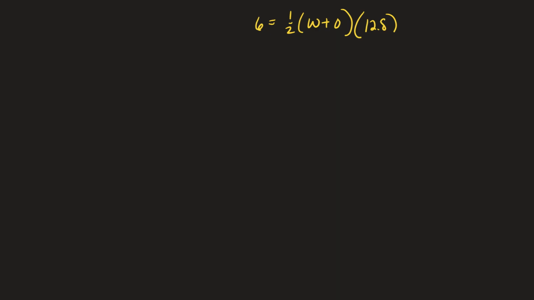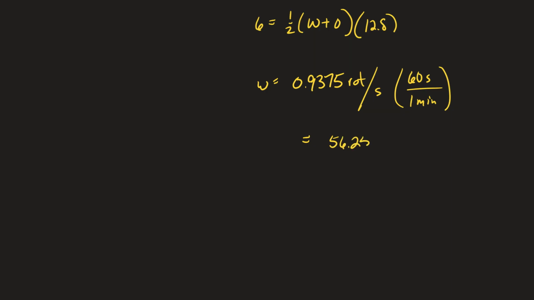So this gives me that omega equals 0.9375 rotations per second. That can't be my answer, though. I need rotations per minute. So a unit multiplier here tells me that 60 seconds is 1 minute. So if I multiply that out, 56.25 rotations per minute.